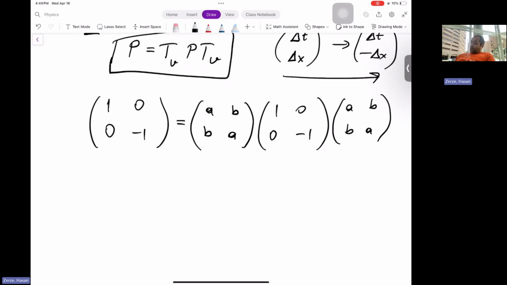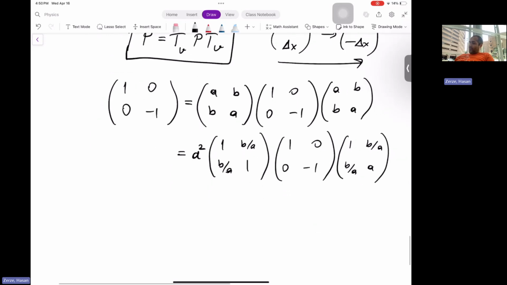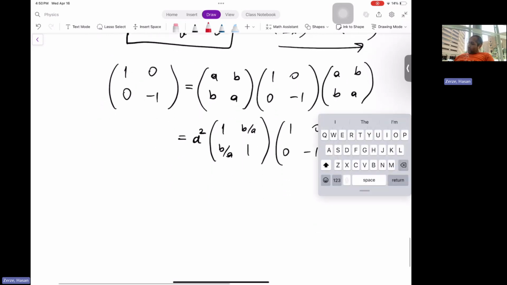And you can actually factor out A here: A, 1, B over A, B over A, 1, and then 1, 0, 0, minus 1, and then 1, B over A, B over A, 1. I factored out another A, so I have A squared here. Okay. Let me do this part first.